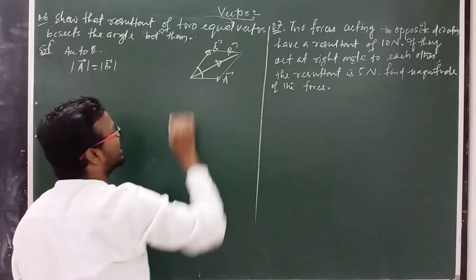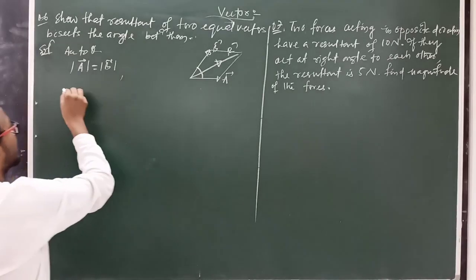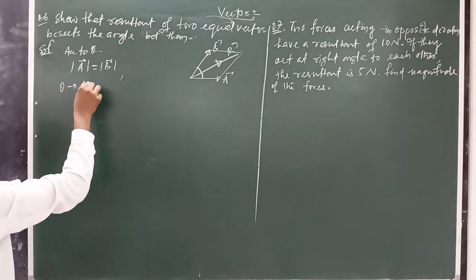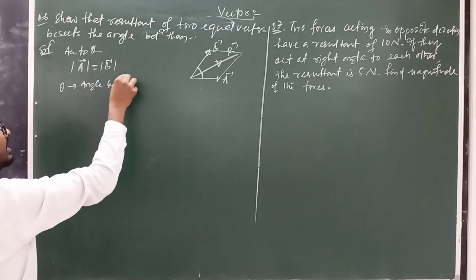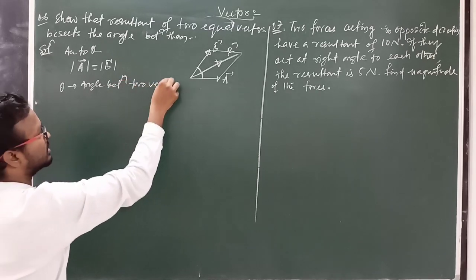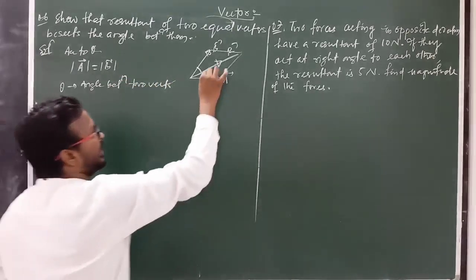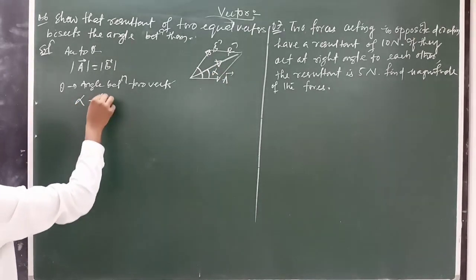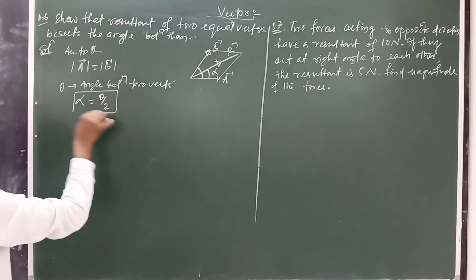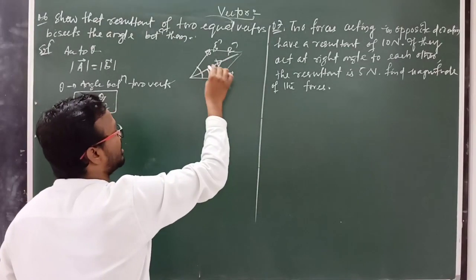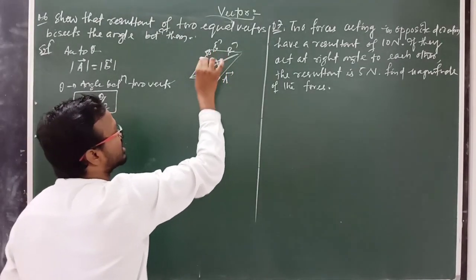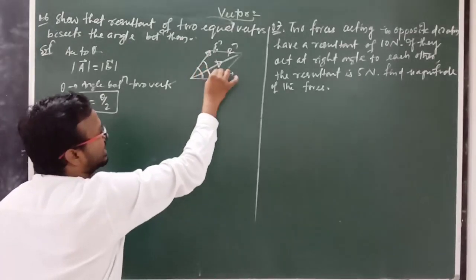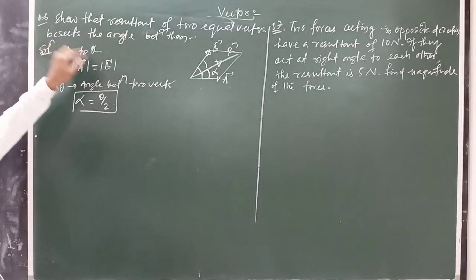Suppose this angle is theta, the angle between the two vectors. If this angle is alpha, then we have to show that alpha equals theta by 2, means this resultant bisects this angle, so for total angle theta, alpha must be theta by 2. We have to show this.